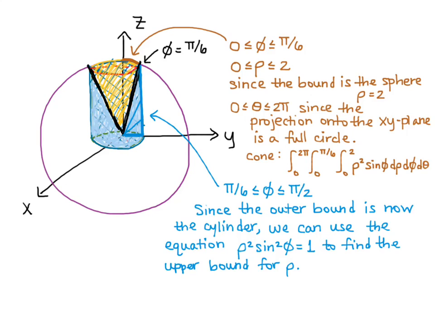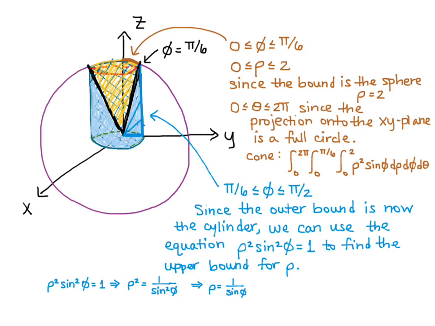So basically we have the equation rho squared sine squared phi equals 1. That was what we found as the equation of our cylinder. So from there, I'm going to divide both sides by sine squared. So I get rho squared equals 1 over sine squared phi. Take the square root.